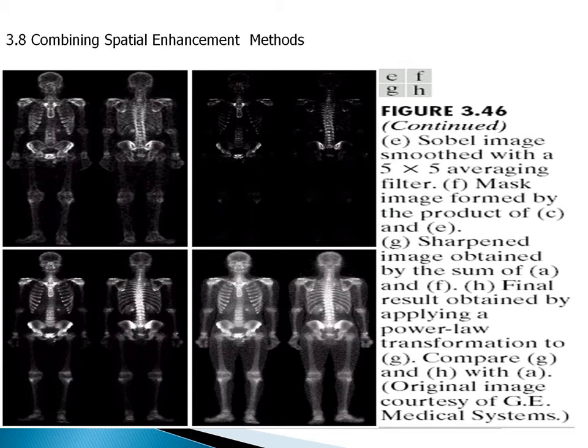Now we will look at the next set of 4 images, which are created by making use of the Sobel images and also by multiplying some images. Then we can also go for sharpening by adding 2 images, and finally we are also making use of the power law transformation. And then we are going to compare all these operations.